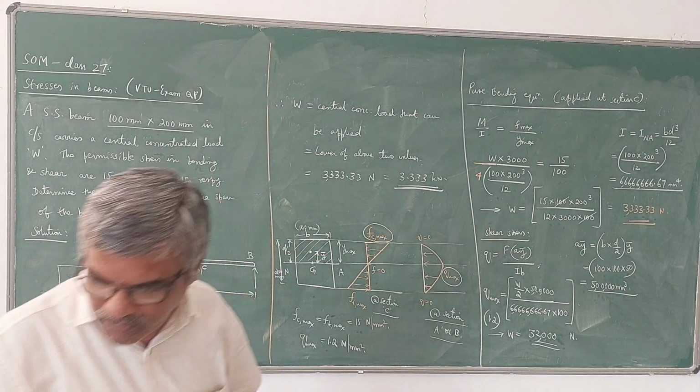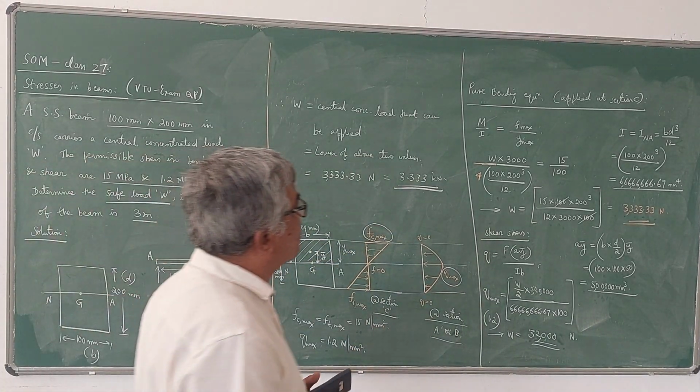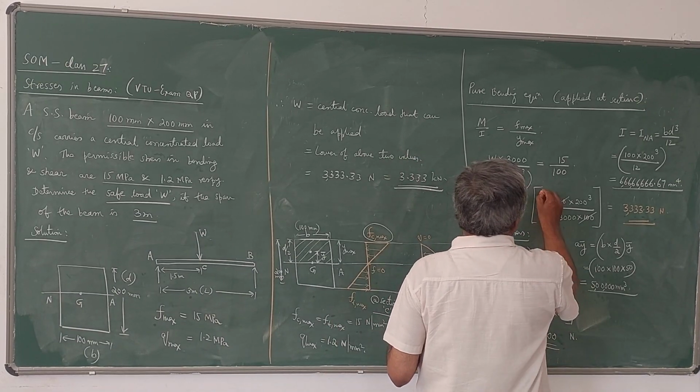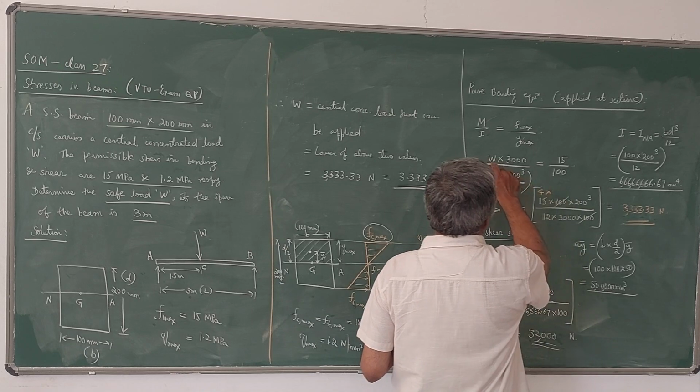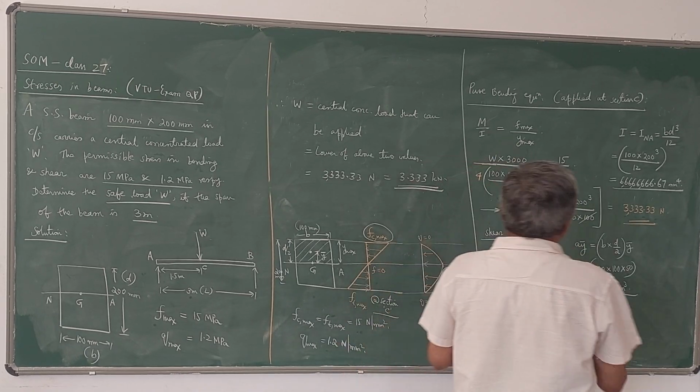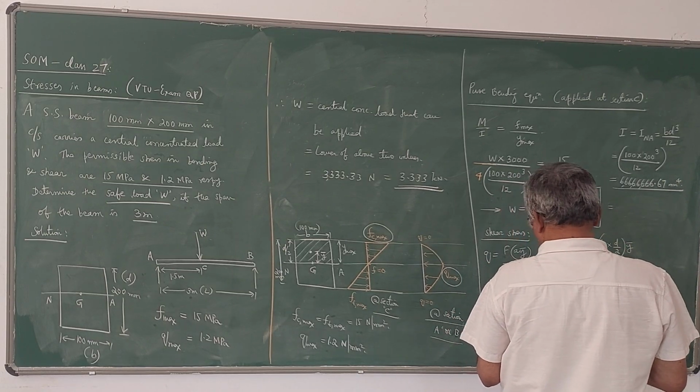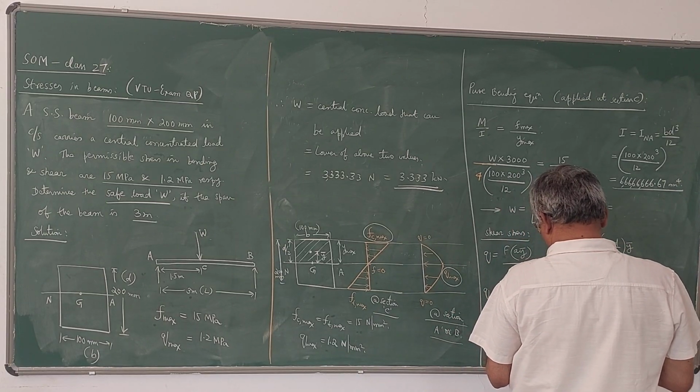So now that value of W you will be getting slightly more. That's right. So here this becomes 4 into, because WL by 4 is M. So this becomes into 4. 33.33 into 4.